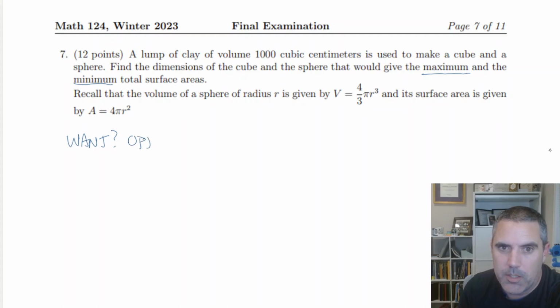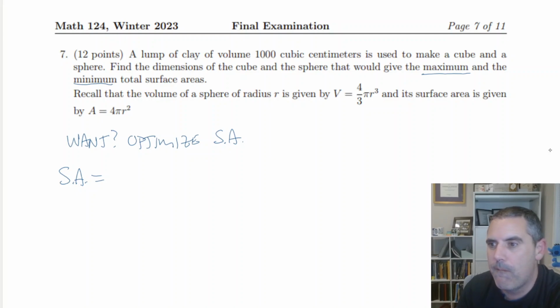We want to optimize surface area. So what are we going to do? We're going to get a one variable function for surface area. Surface area of what? Total surface area of both.